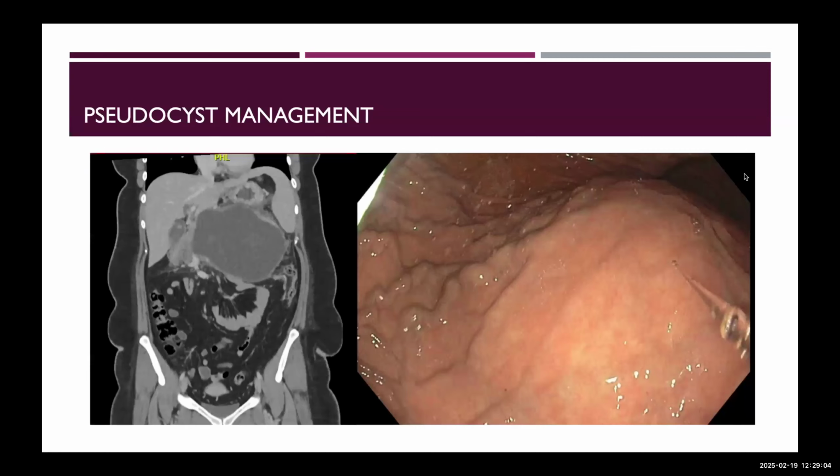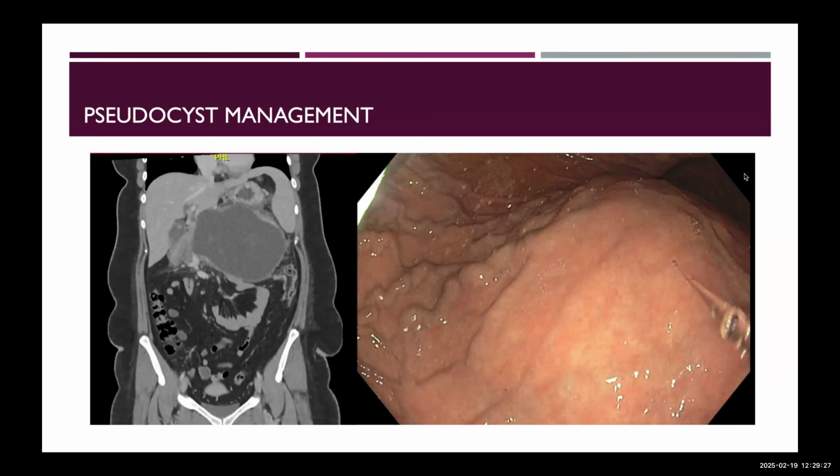So I just wanted to illustrate one case that was done locally here at Scarborough, as you can see just on the right-hand side. I should backtrack a little bit by saying that this was a young 30-year-old female who had pancreatitis and a large peripancreatic fluid collection and pseudocyst, highly symptomatic with outlet symptoms: nausea, vomiting, early satiety, losing weight.